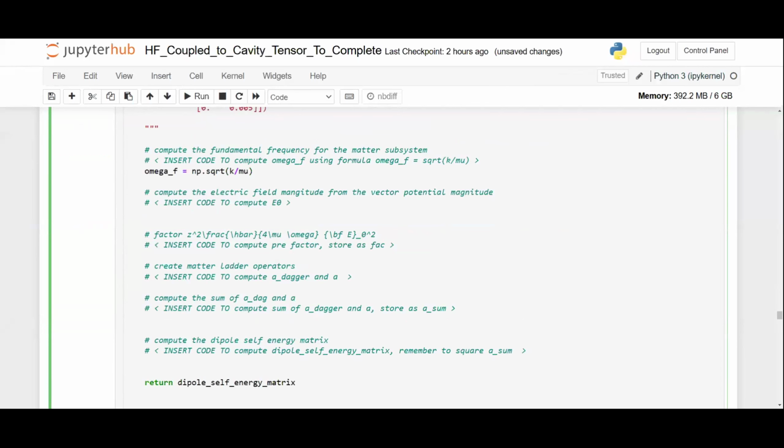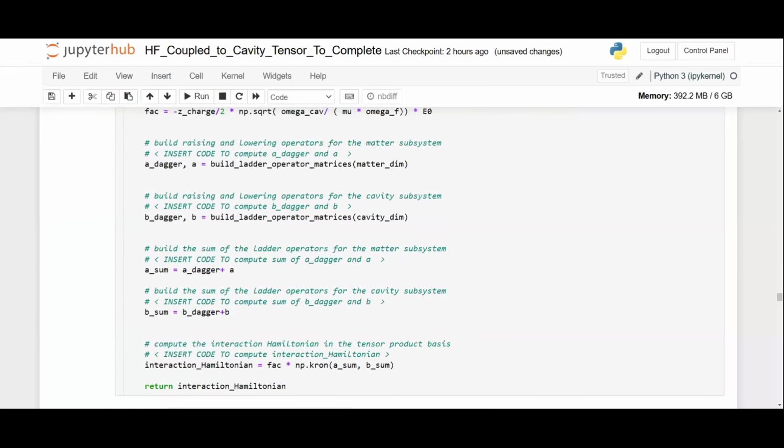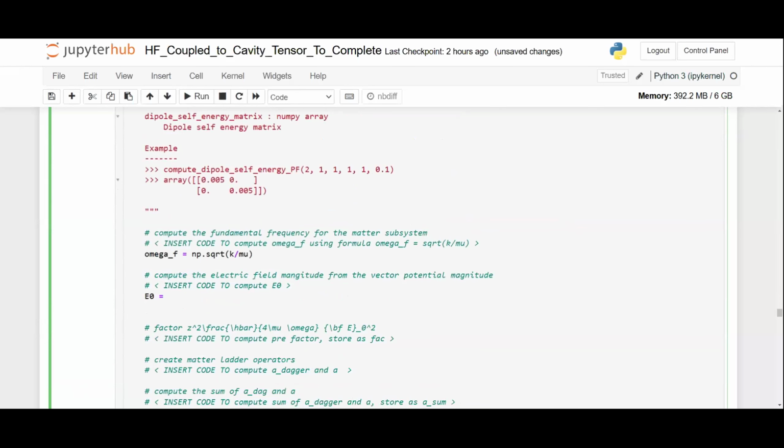And then we're going to compute E naught again from A naught, and that is going to be square root of 2 times the cavity frequency times A naught.